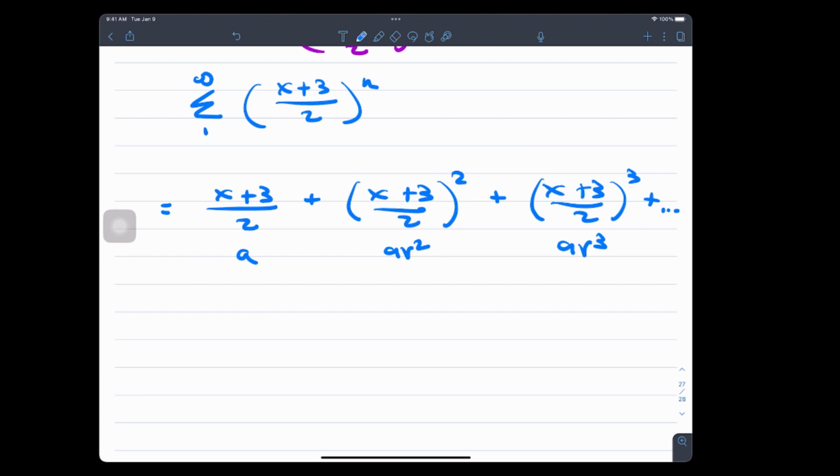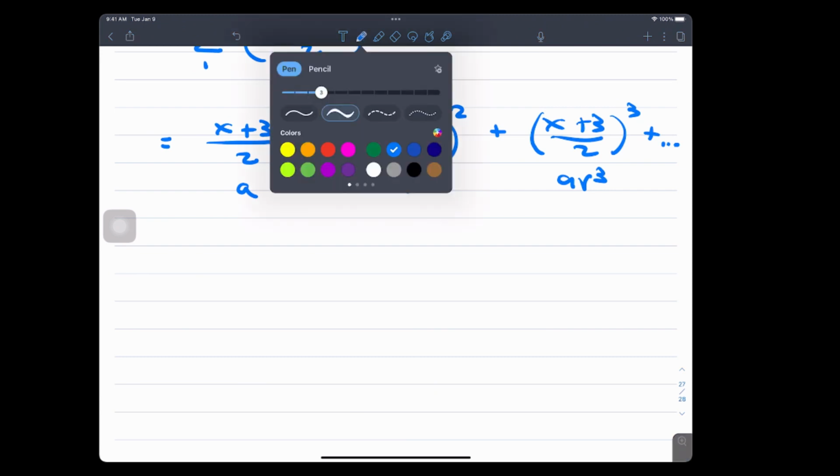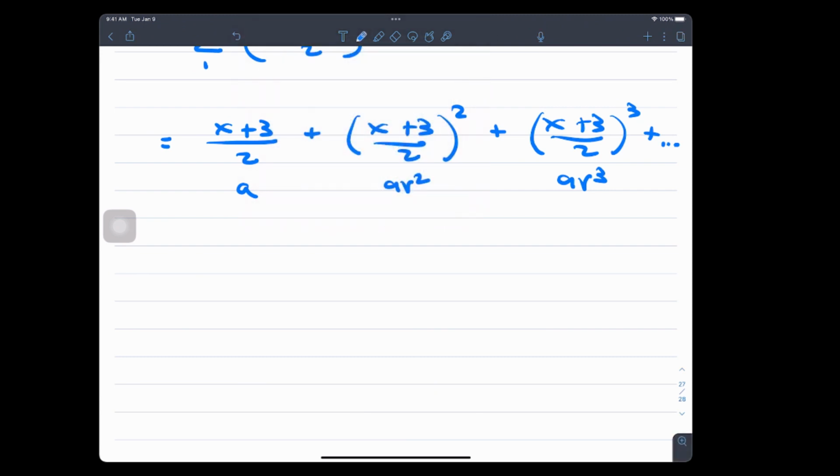So what's the deal? This is geometric. Do you guys happen to know what R is? What's R here? If we can say A is the x plus 3 over 2, right? What's your R value in this geometric series? Isn't R also x plus 3 over 2? This is a geometric series. Okay, you guys understand what I'm saying?